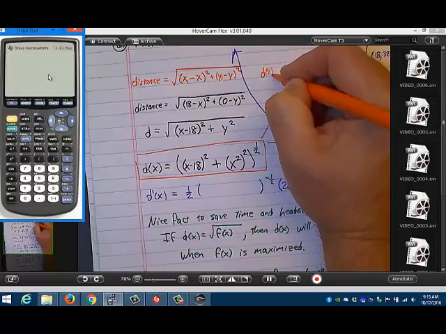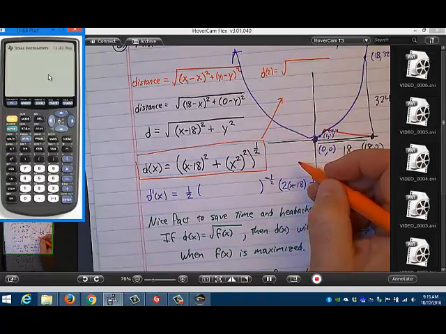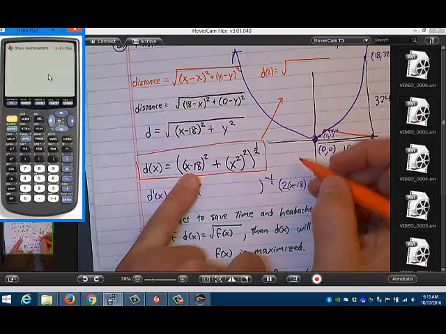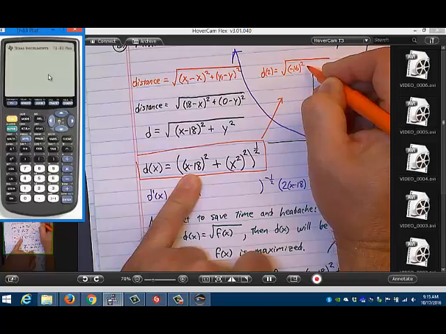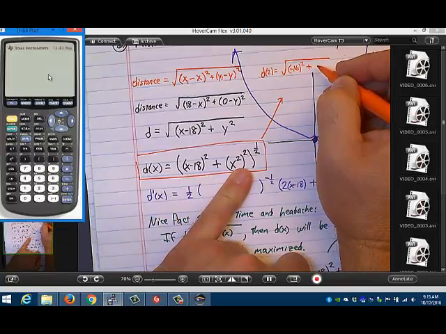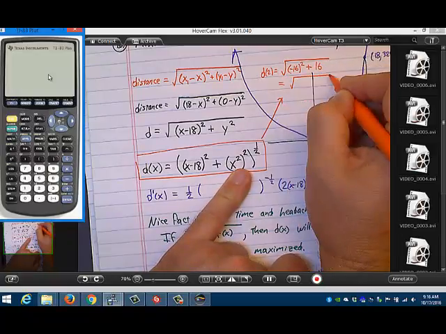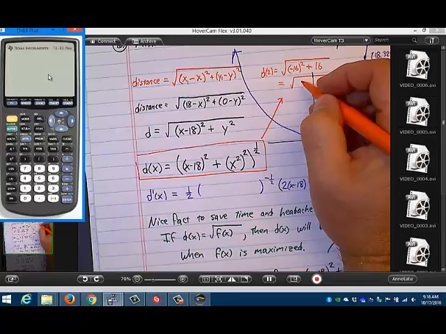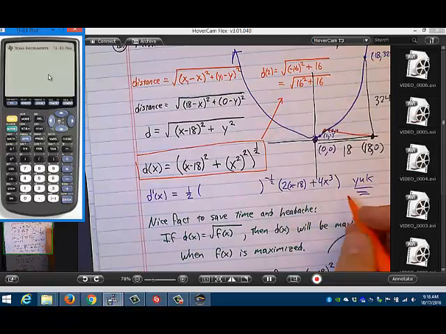D of 2 would be the square root of, if I plug a 2 in here, minus 18, so I'm getting negative 16 squared plus, and then 2 to the 4th power is 16, right? So I'm getting the square root of, well, it's funny because it's 16 squared plus 16, right?